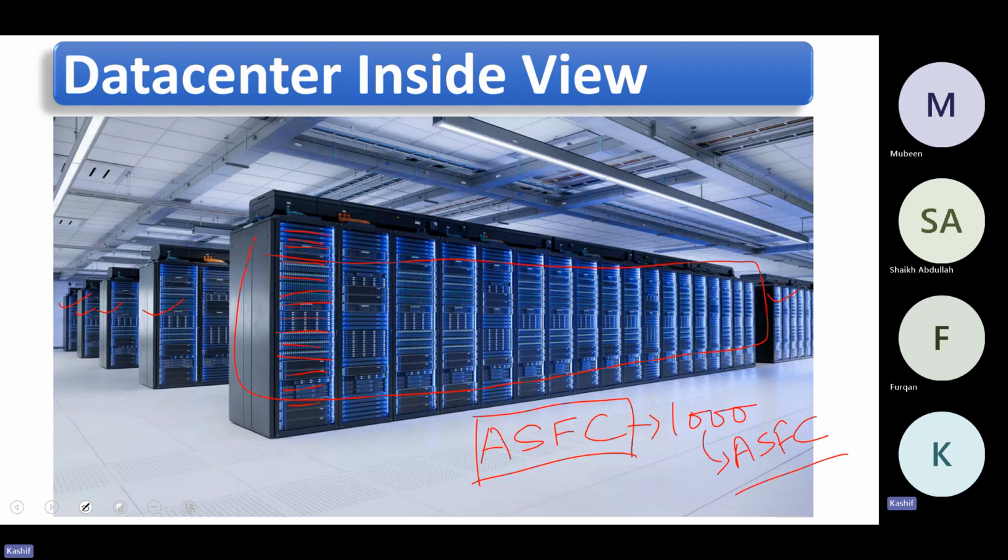Okay, a Service Fabric cluster will have, let's say, 1000 containers, and 1000 containers will have, let's say, 50,000 servers. They will have highly configured servers with high configuration of RAM, processor, hard disk.